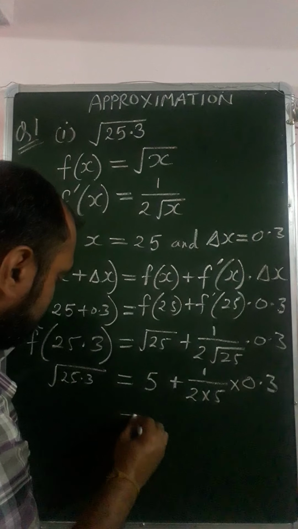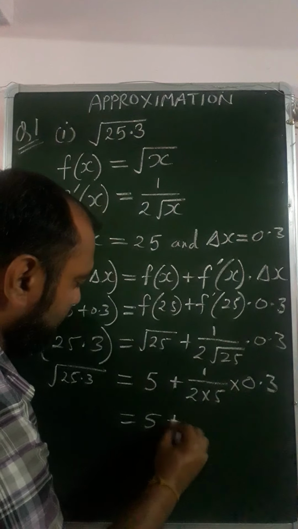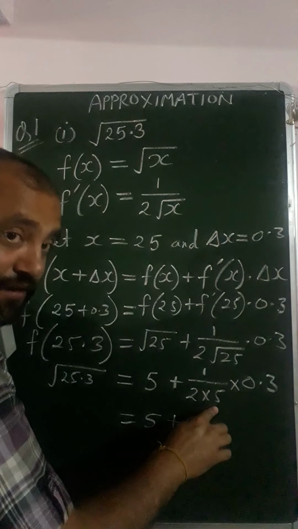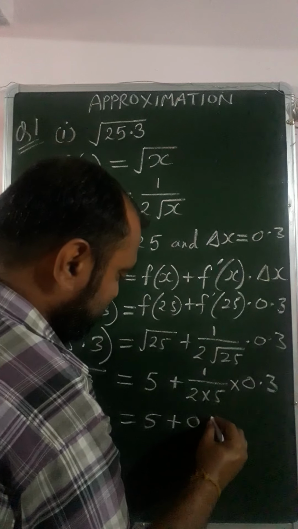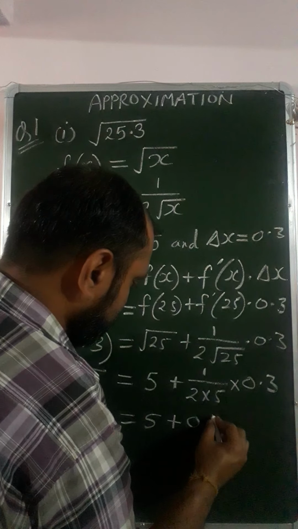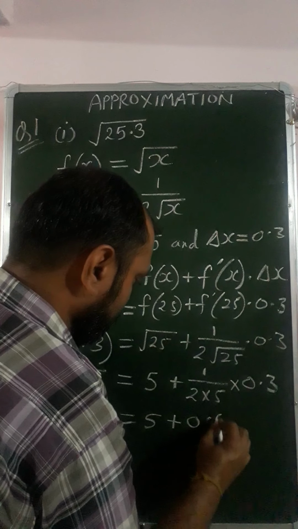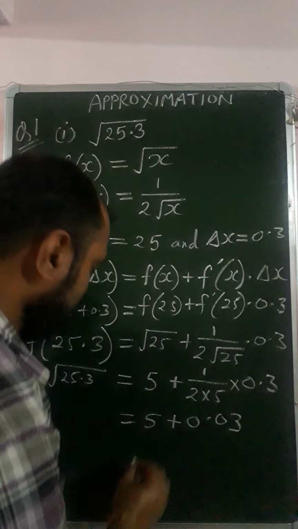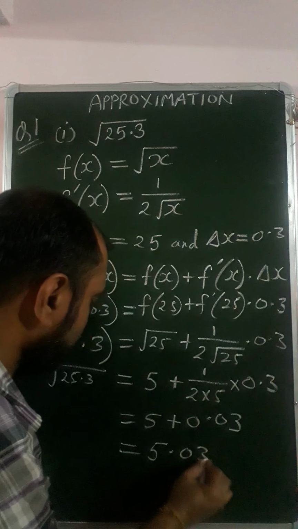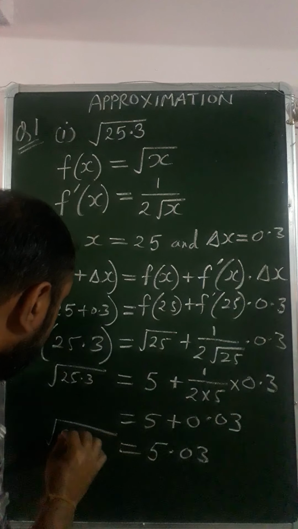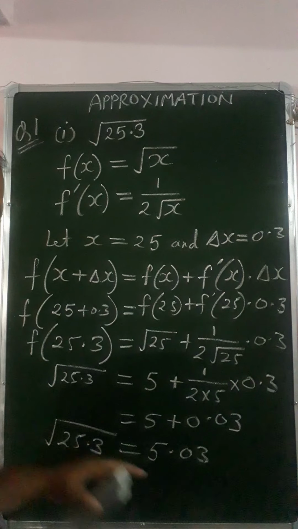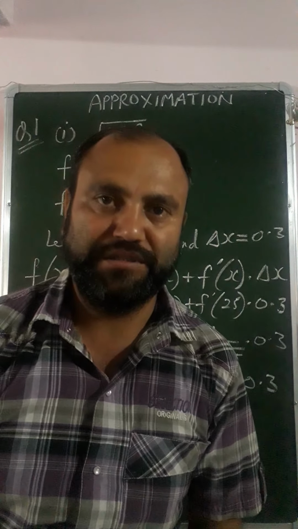By calculating this, we have 3 over 10 over 5, one decimal is placed towards the left side, so we have 0.03. When you add them, the approximate value of root 25.3 is equal to 5.03.